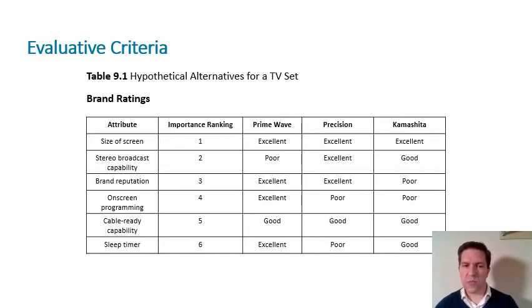But the idea behind a lot of the evaluative criteria that we're going to discuss is similar to this. Consumers are going to rank or rate each of the products on different attributes that are relevant to them, right? In the case of a TV, it could be the screen size, or the pixel density.